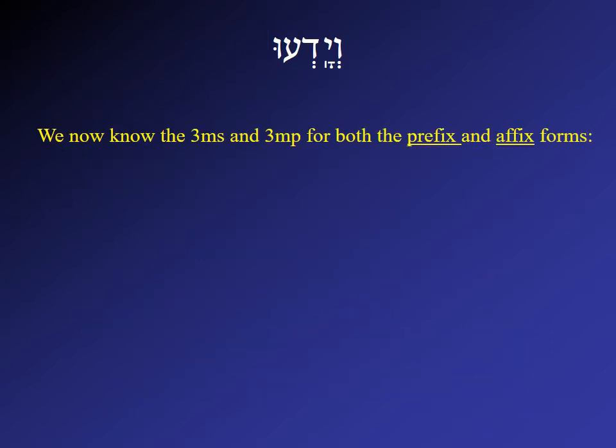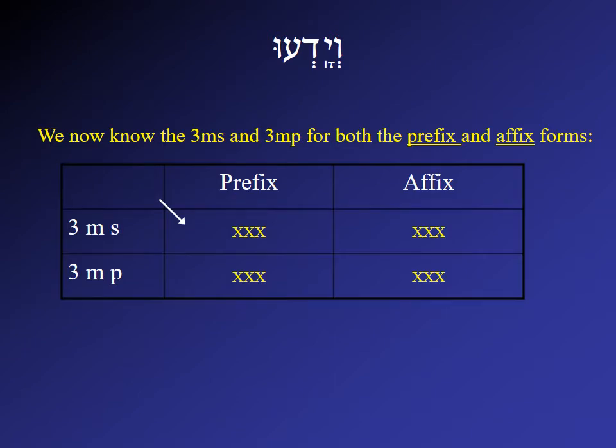So let's pause for a minute to remember what we know about prefix and affix forms. So far we know both the third masculine singular and the third masculine plural in the prefix and the affix. When we've seen the prefix form, we've normally seen it as a vav conversive, but if you simply remove the marker of the vav conversive, that is the vav patach double, then generally you'll end up with the standard prefix form.